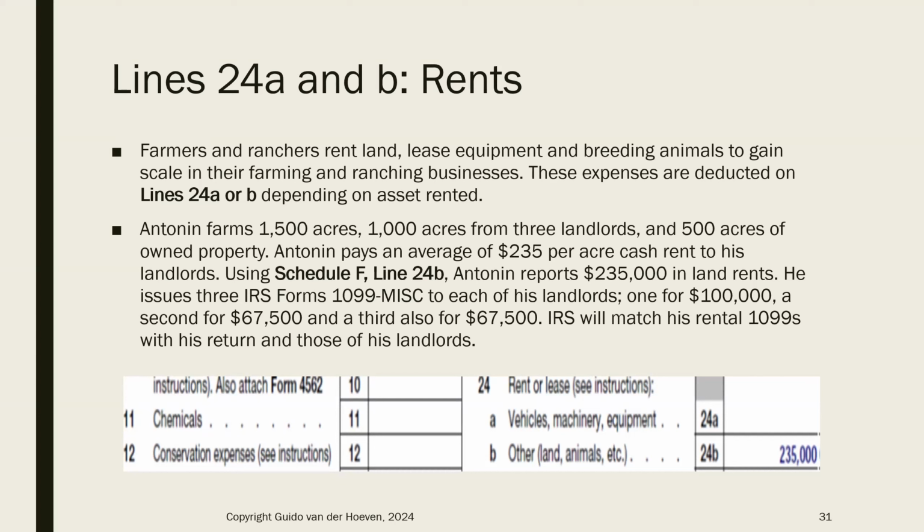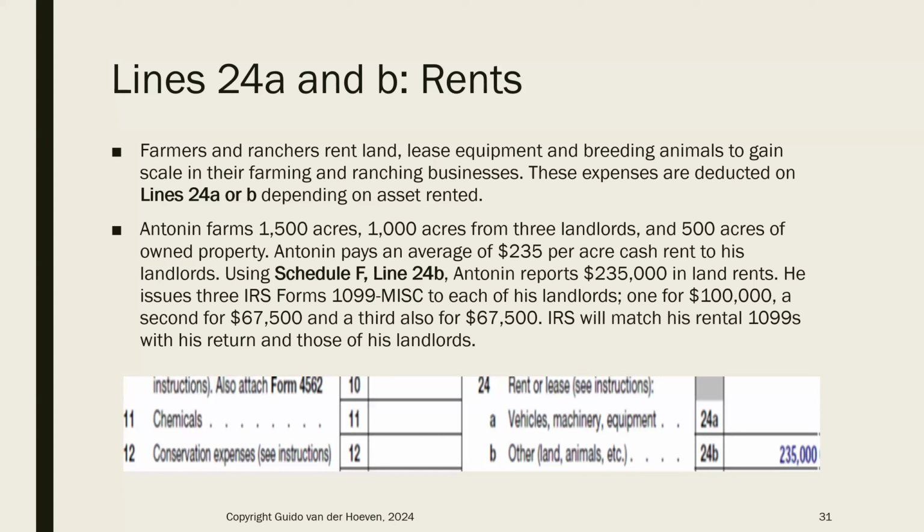So in this example here on this particular slide, Antonin farms 1,500 acres. He's got 1,000 acres rented from 3 landlords, and 500 acres then is going to be owned. Now he pays an average of $235 an acre rent. And so on line 24B, you're going to see that the rent or lease, and this is for land and animals, that's going to be $235,000 that he has paid out.